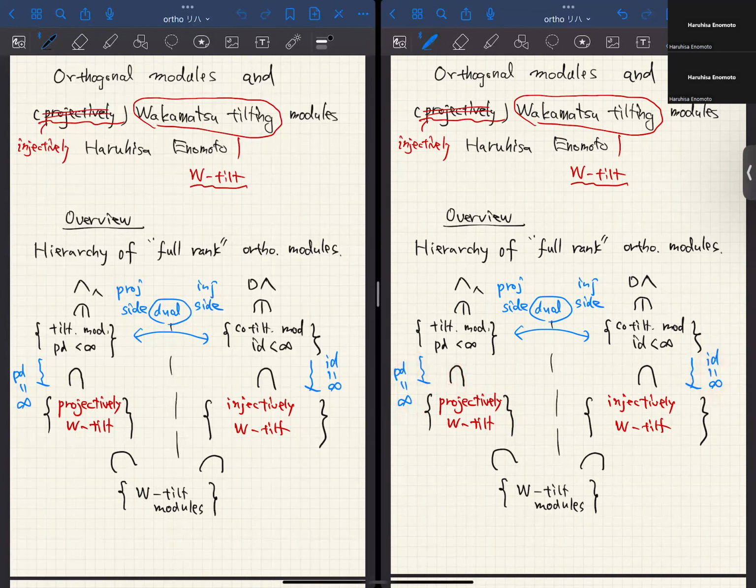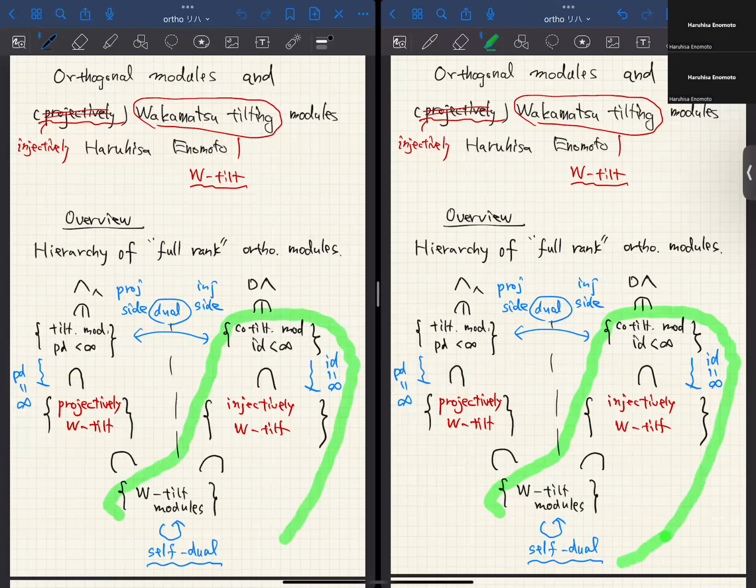And as this figure suggests, Wakamatsu tilting module is a self-dual notion, and this is a very important viewpoint. So the projective side and the injective side can be treated in a unified way by Wakamatsu tilting modules. Today's talk concentrates on the injective side for some reasons.